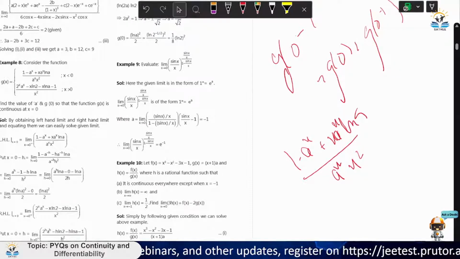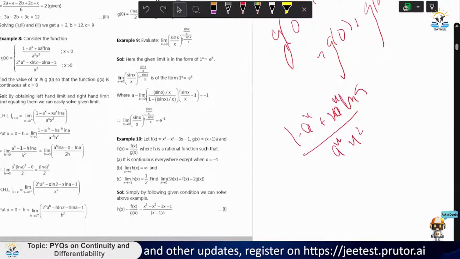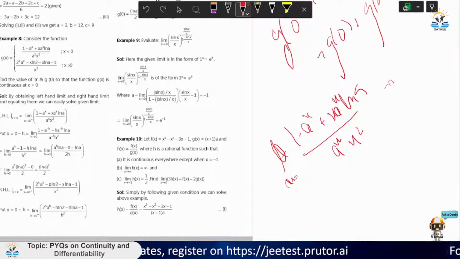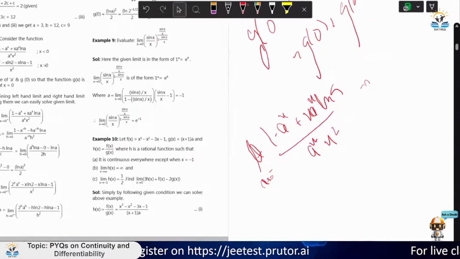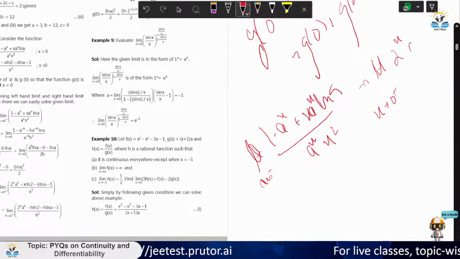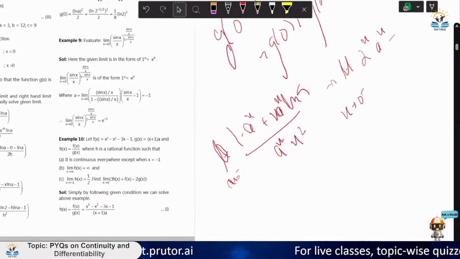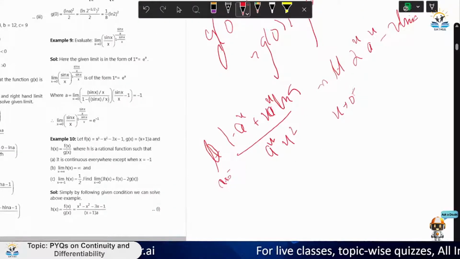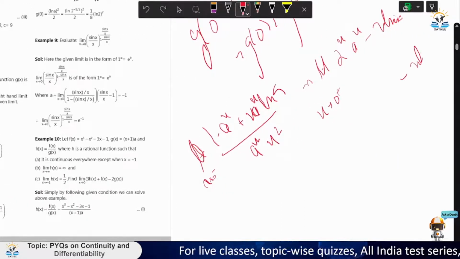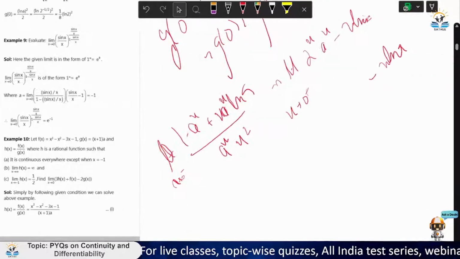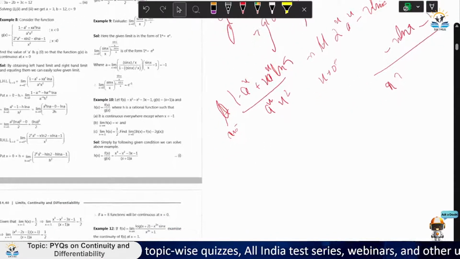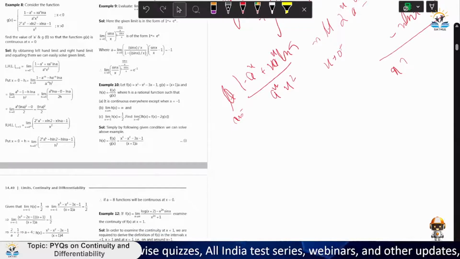At x equals 0 it is going to 0, and the limit as x tends to 0 negative should be equal to the limit as x tends to 0 positive, which is 2ax minus x ln 2 minus x ln a minus 1, over x square. So both of these are 0 by 0, so we'll directly apply L'Hopital's rule.